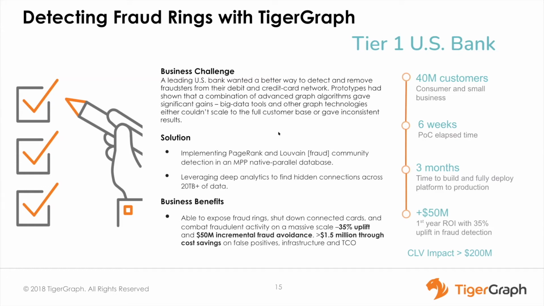And in addition to that, greater than $1.5 million per year of cost savings due to fewer false positives. Fewer false positives means fewer things you have to waste your time on, and more things you can notice that you didn't notice before, so you can spend that time actually recovering money from these types of fraud situations.